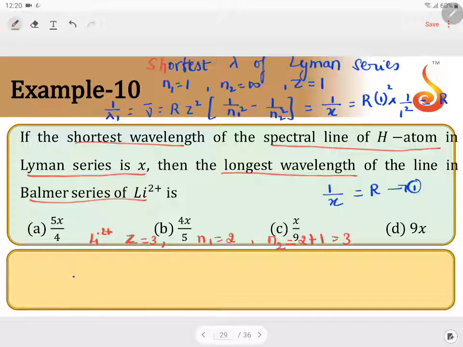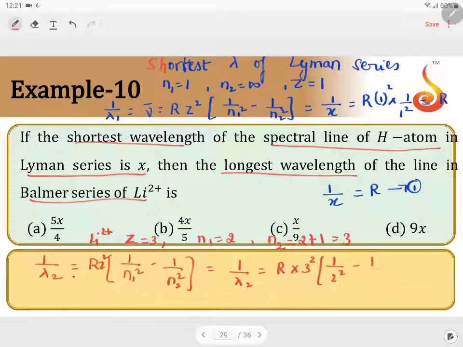Let us substitute here. 1 by lambda 2 is equal to R into Z square, which is 3 square, into 1 by 2 square minus 1 by 3 square. Simplifying, we get 1 by 4 minus 1 by 9, into 9.